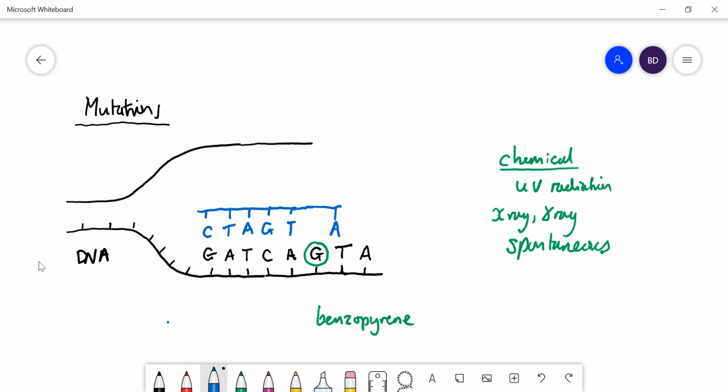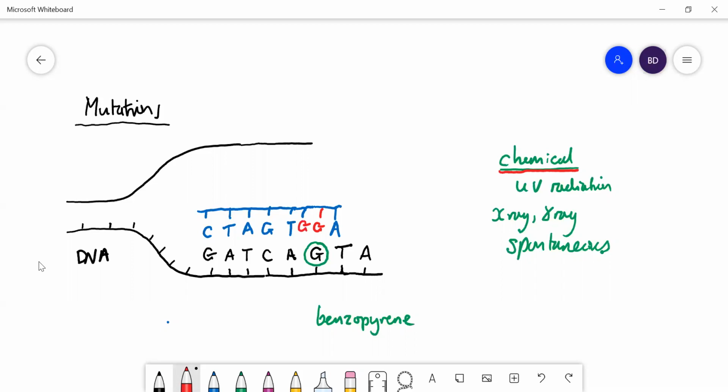So you can either change a base, substitute it, or it can cause it to be deleted, or it can cause another base to be inserted there. So for example, you're not supposed to have 2 there, you've inserted an extra base. So that's how chemicals can do that, and different chemicals can react with different bases in DNA and cause these sort of problems.